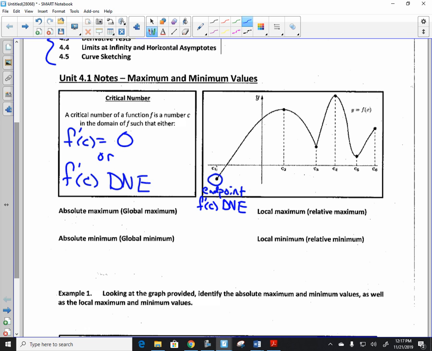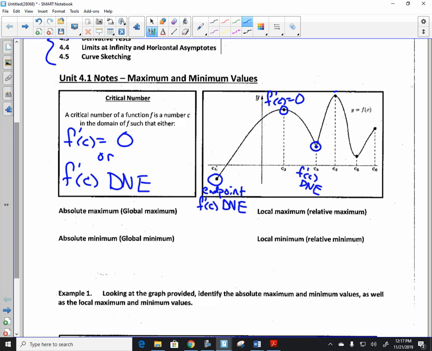And then in this situation, this is a critical point because f prime of c is equal to 0. Why is this a critical point? Yeah, it's a corner. f prime of c does not exist.